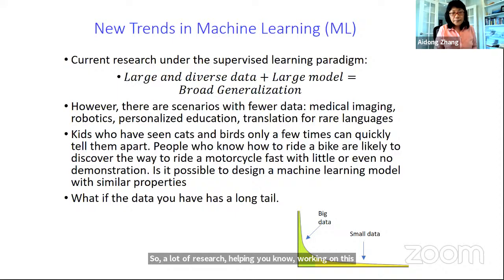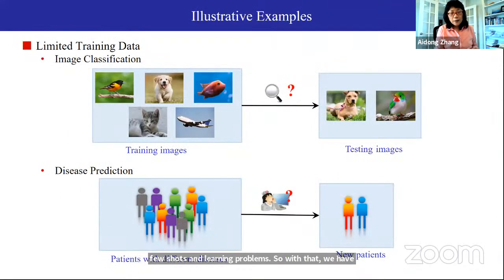The biggest problem here is how, after seeing just a few patients with different diseases, given a new patient, we can detect what disease the new patient has. It's called few-shot learning.